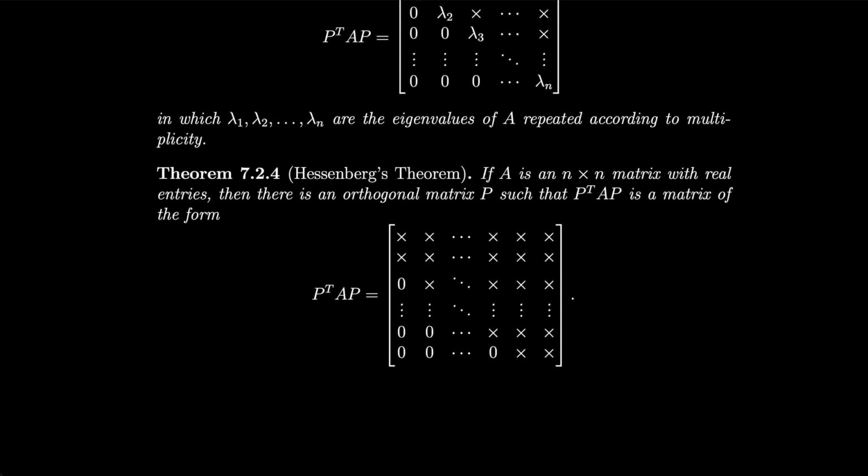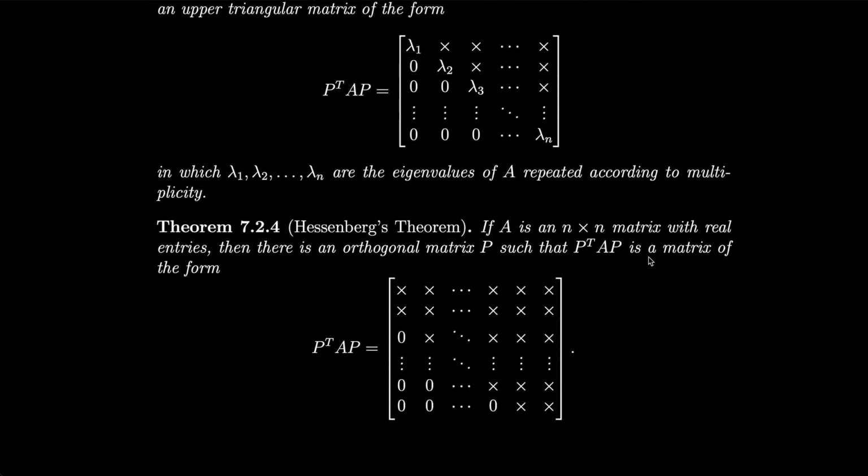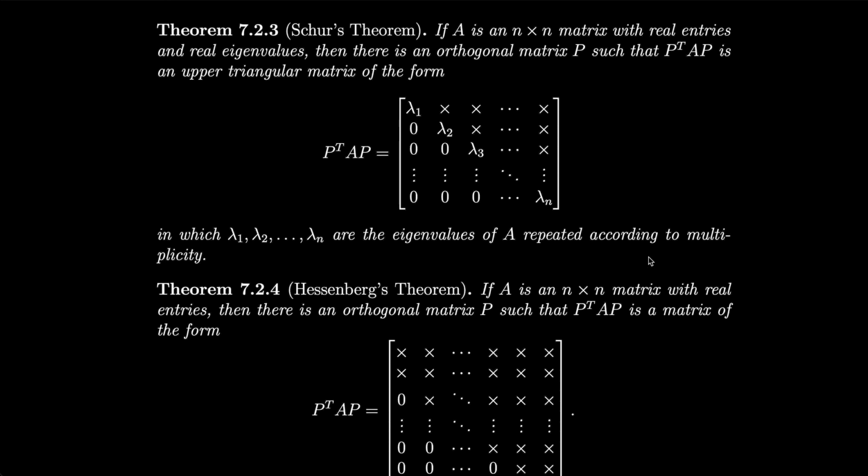So the diagonal is not necessarily eigenvalues as it was in Schur's theorem, but this allows us to make a more general statement for different matrices. Notice that these two theorems are very useful in the case that you have a matrix that's not orthogonally diagonalizable, but you could still end up getting, in many cases, some sort of matrix that's roughly triangular, which is pretty cool.